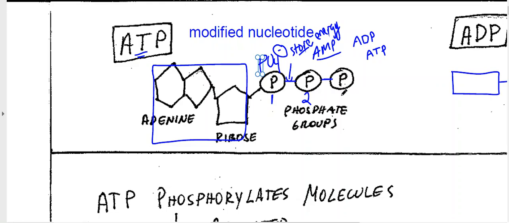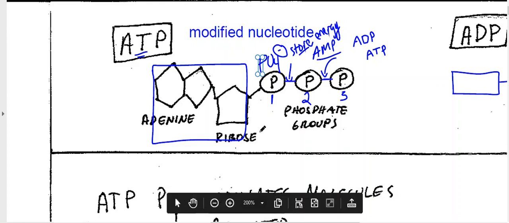But now, when we add phosphate number 3 on, now we're pushing a third negative charge into 2 other negative charges. So what was a difficult task becomes even more difficult. But because this is so hard to do and requires a lot of energy that's being stored in these bonds, it makes this molecule an excellent energy storage molecule.